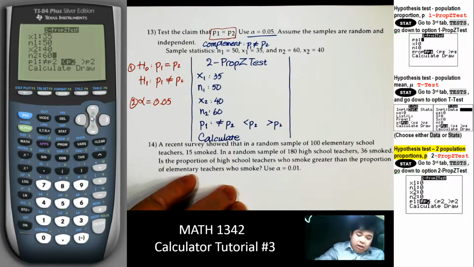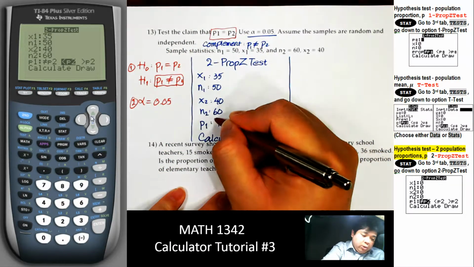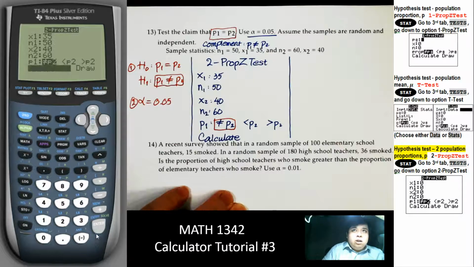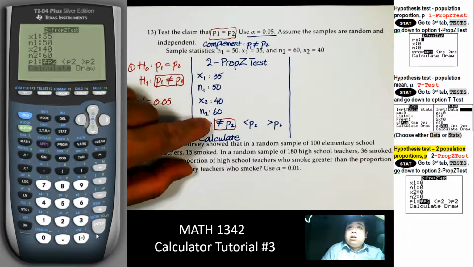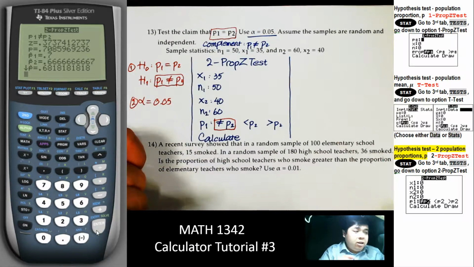And this one is not equal to, so we choose not equal to. And then we calculate: 35, 50, 40, 60, not equal to. Calculate. And just like I said, just focus on the p-value here.